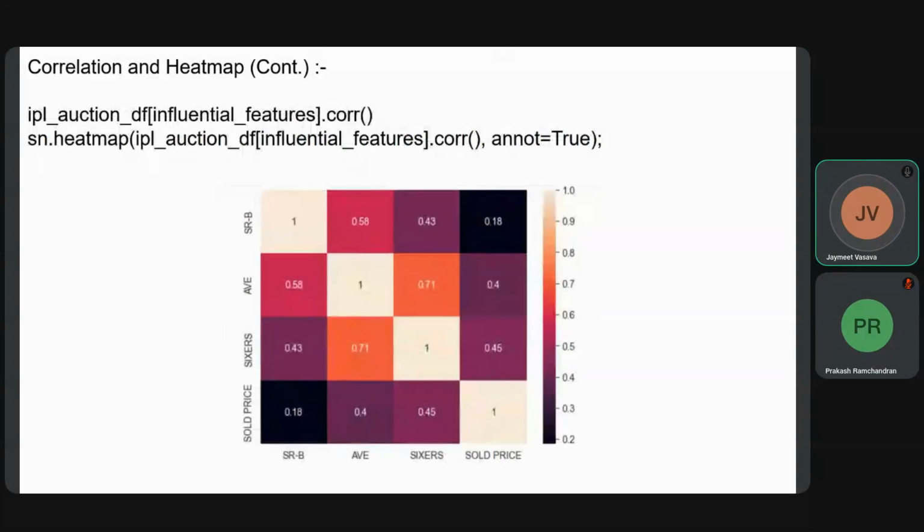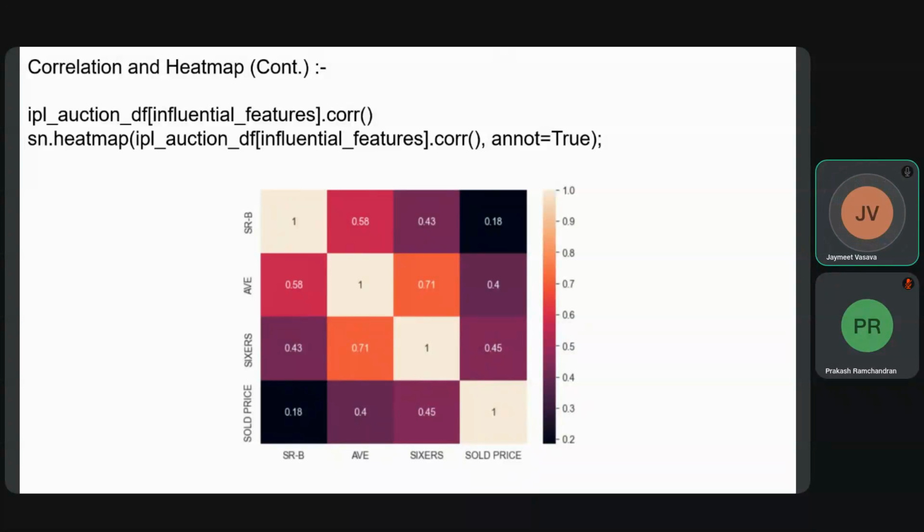Now, let's say we want to generate a heat map in order to nicely visualize the correlation. We'll use the correlation method and then use Seaborn's heat map method on the IPL auction DF that we have.